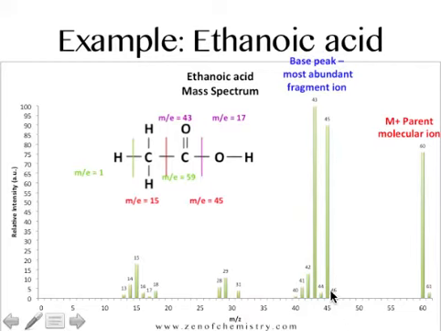You generally don't need to look at all the tiny peaks; we're looking at the major peaks. You'll see the 15 is a smaller peak, but you can still tell where it comes from. So essentially when you see a mass spectrum, you're expected to take just the bits and pieces from it that you need.